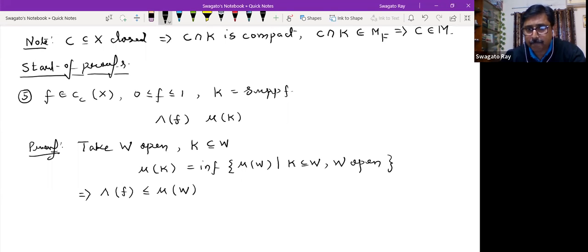Is that okay? If not, ask me a question. It's very important to ask questions here. W is an open set. Its measure is defined as the supremum of λf such that the support of f is sitting inside W. Supremum, right?